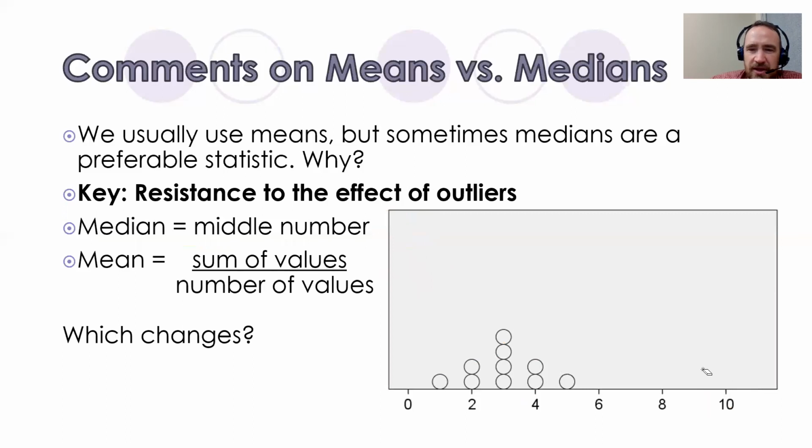So if we change that 10 to a 5, as I mentioned, this guy here still stays 3 because the middle is still there. This guy here would have changed to 30 divided by 10, or 3. It's the mean that changes when we have an outlier, and so the mean is not resistant to outliers.